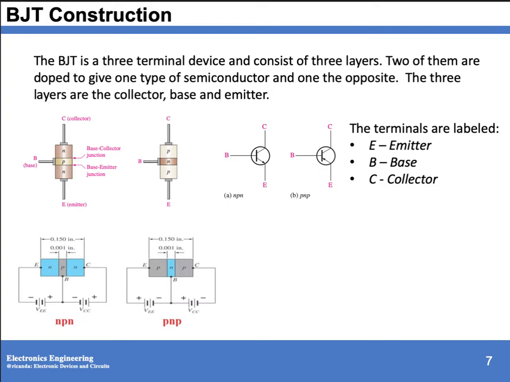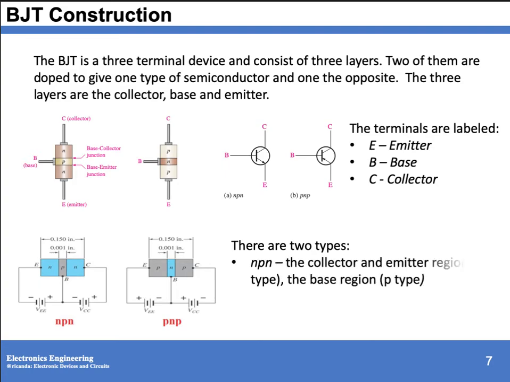We have 0.15 of an inch for the entire device, where 0.001 is for your base. So it is a very small area of your device. It is a thin area. So there are two types. We have the NPN.